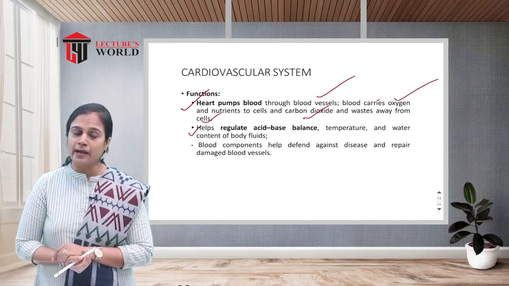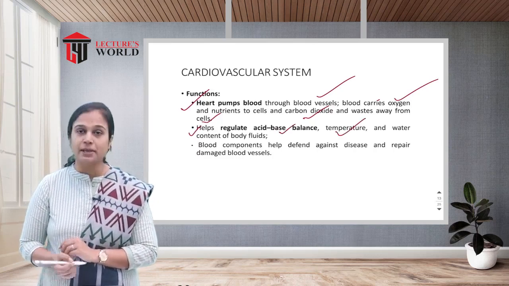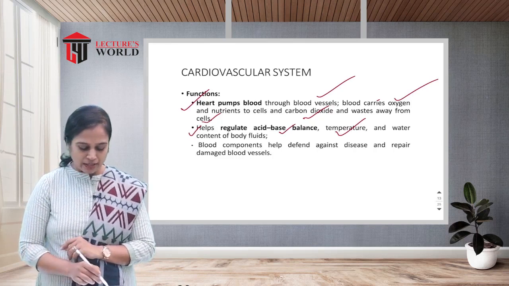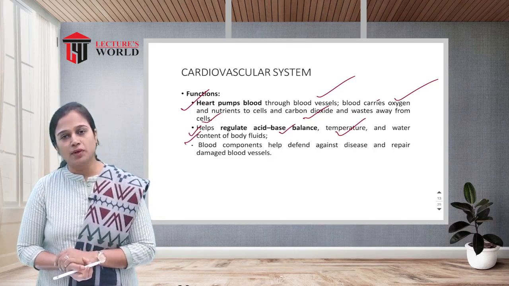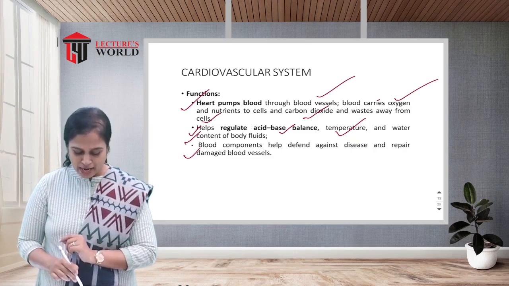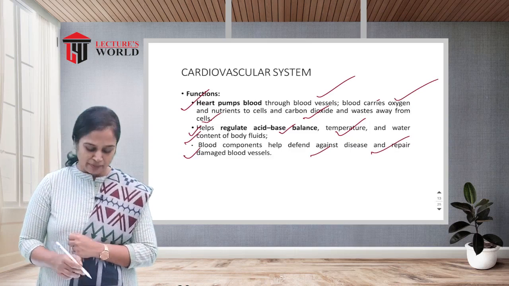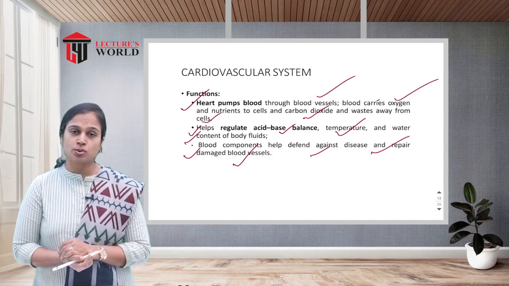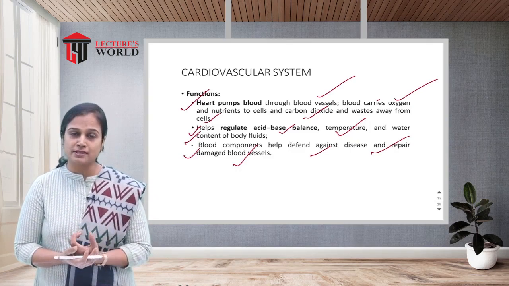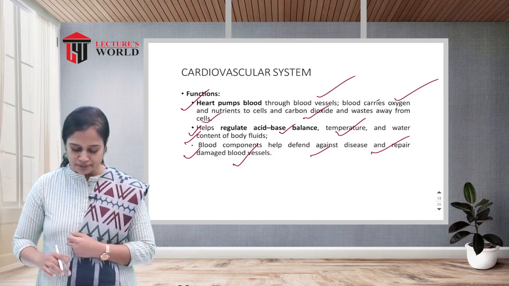It also helps to regulate the acid-base balance, the temperature of the body, and the water content of the body fluids. Blood components help to defend against disease and repair damaged blood vessels. So this cardiovascular system is meant for circulating the blood in the body.